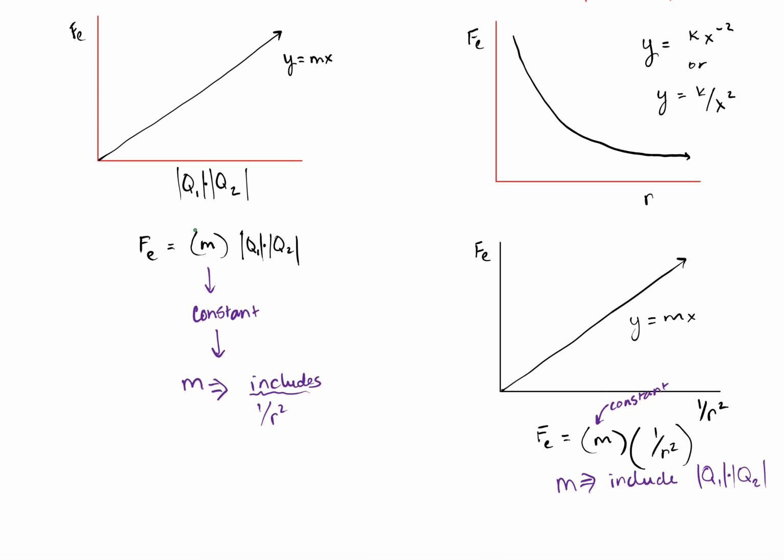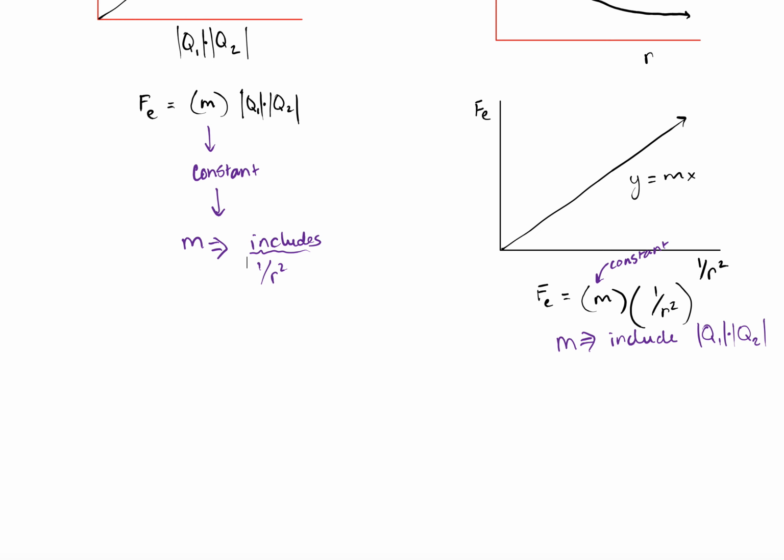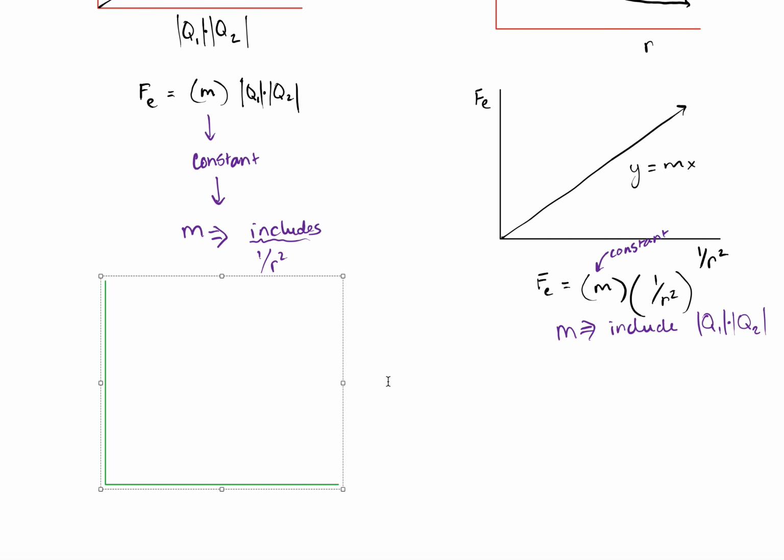So what we could do then is do multiple trials of different q1 or q1 times q2 over r squared, right? And I'm going to go ahead and graph kind of like a mega linearization. Okay, so we'll do it over here.